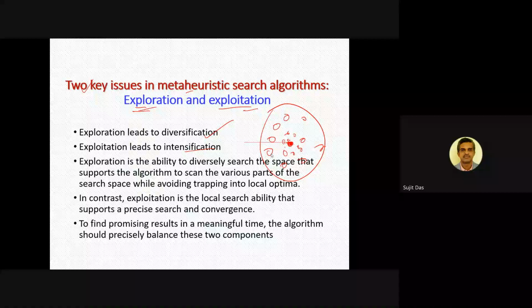Each and every metaheuristics technique should be well balanced by this exploration and this exploitation. Among the optimization techniques you will study, you will find that most of them are not using any proper balancing mechanism. But if a proper balancing mechanism is applied, then you will converge much faster.